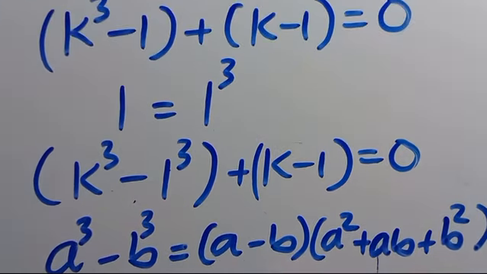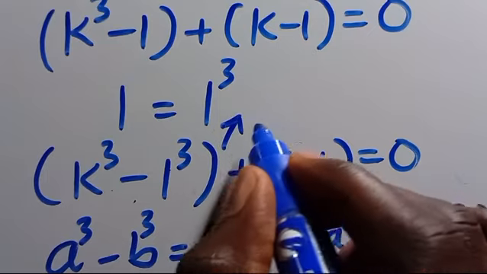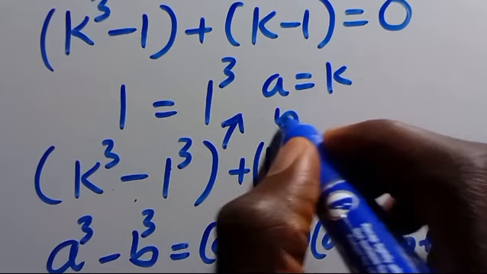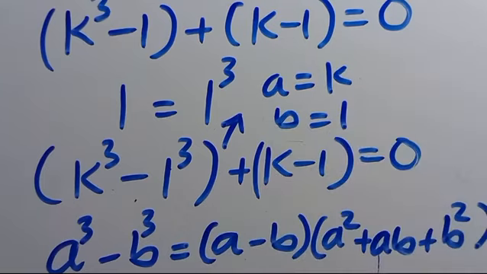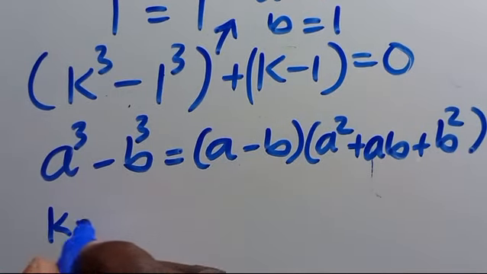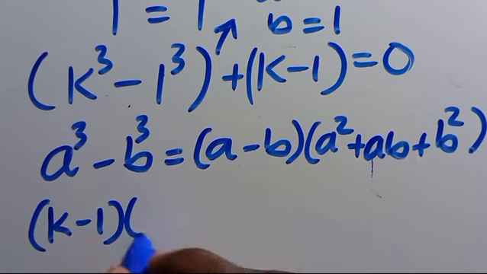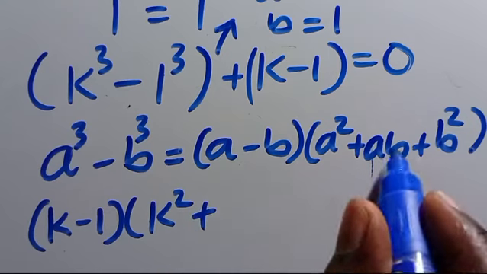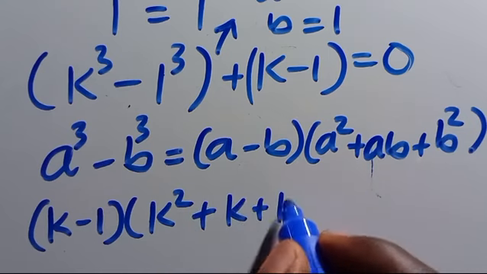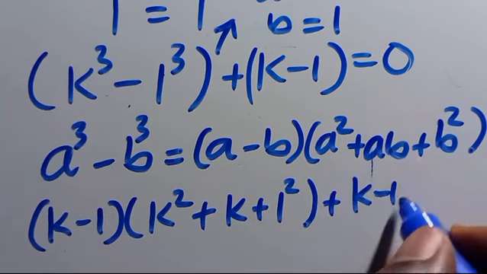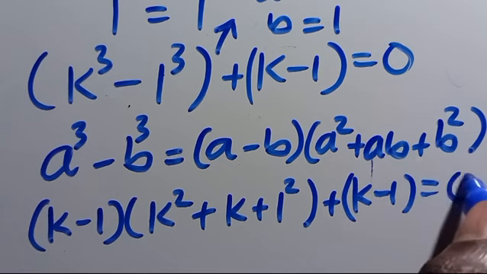So for this, our a will be k and our b will be 1. When we substitute here, we have k minus 1 times k squared plus k times 1, which is k, plus 1 squared, plus k minus 1 in parentheses equals 0.